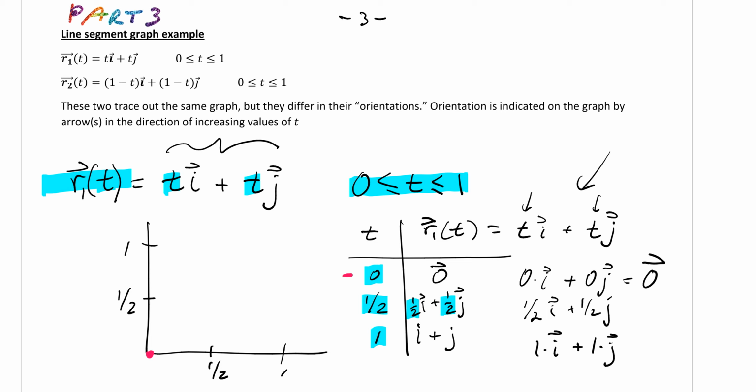So in terms of plotting, we go here, its terminal point. We're concentrating on plotting the terminal points when we generate this graph. In the backs of our minds, though, this is a vector. It's this particular vector in component form, starting at the origin and going to that terminal point.